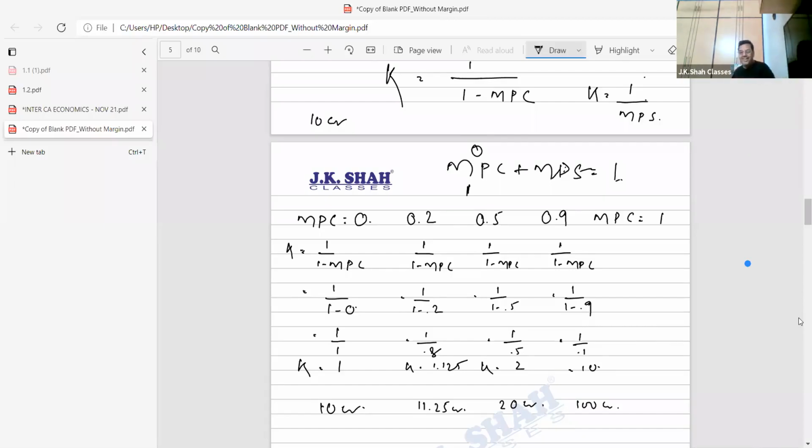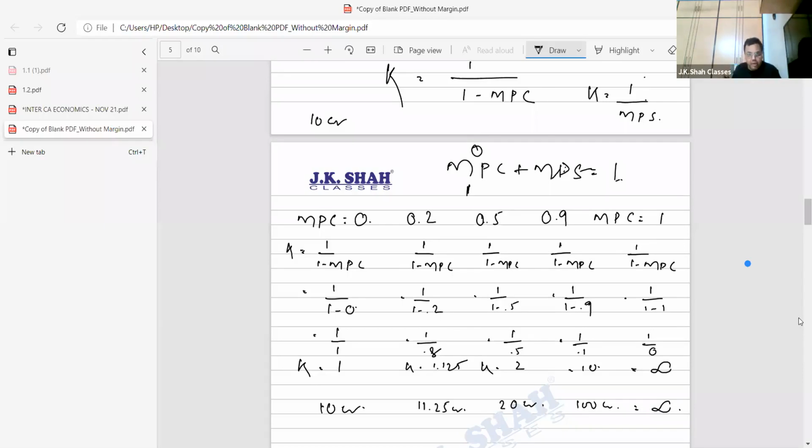If you spend 90%, 10 crore will become 100 crore. Then if I go ahead, this becomes 1 upon 1 minus 1, 1 upon 0, which is not defined, so that is infinite. That means there will be no limit.